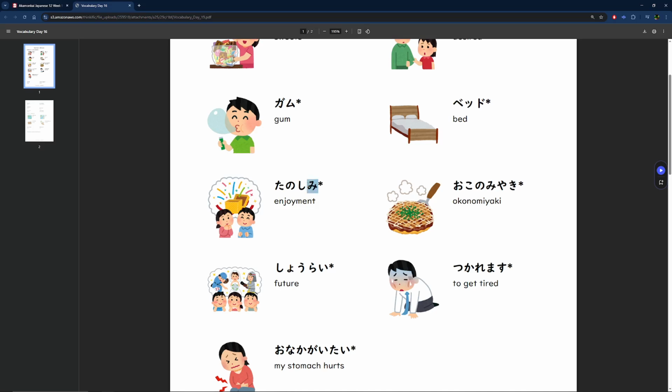Tanoshimi. I don't know what's going on with the me at the end there. Yeah, that's just a noun. Okay. Does me nounify things? So what's probably happening, a lot of times you can conjugate the verb into the E sound of that last character. So like tanoshimu is the verb to have fun. Okay. So this is kind of what I was saying earlier with like separating tanoshi being a description of something was fun and the verb of having fun. I see. This noun is based off of that form of the verb. Okay.